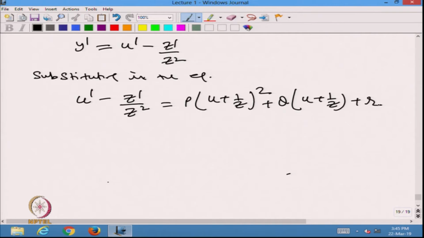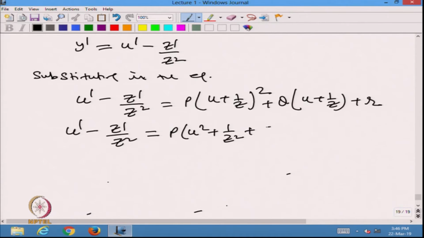From here I expand this one: z dash over z square is minus of p times u square plus 1 over z square plus 2 u over z, plus q times u plus 1 over z, plus r.